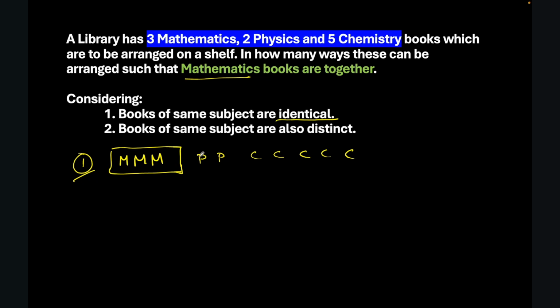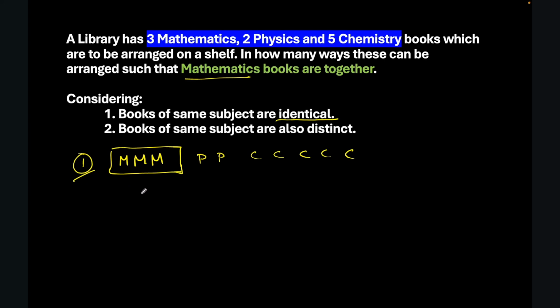Let's say I have 3 pre-algebra books, 3 fluid mechanics books, and 5 stoichiometry books. Whether I put this one before the second or the second before the first doesn't matter because they're the same books.